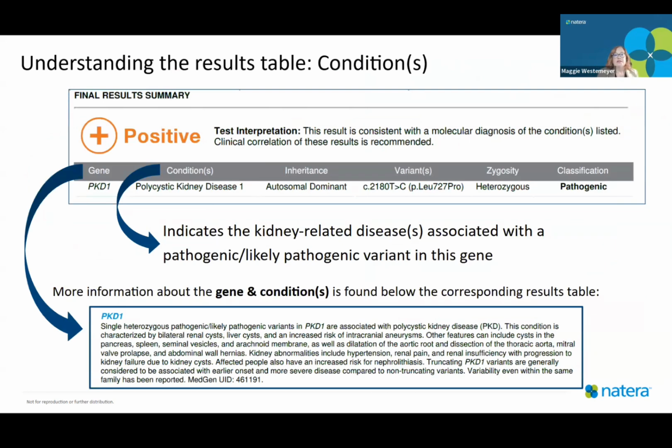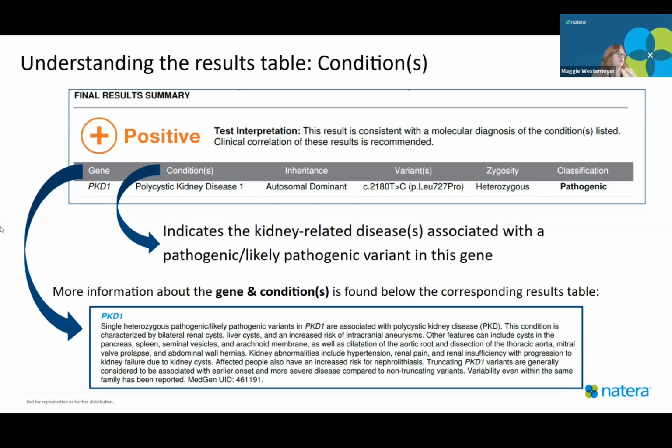The next column is going to show the kidney-related disease, or the diseases, if you will, if there's more than one gene disease association associated with a pathogenic or likely pathogenic variant in that gene. And so then, referring a little bit further down on the report, you'll see more information that our genetic counseling team has developed in conjunction with our laboratory directors to give you understandable information about the gene and really try to include information about the kidney-related findings that can be expected in the condition associated with the gene.